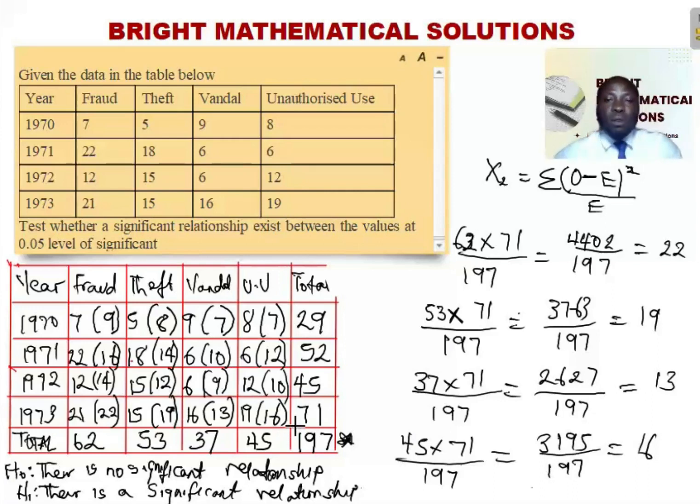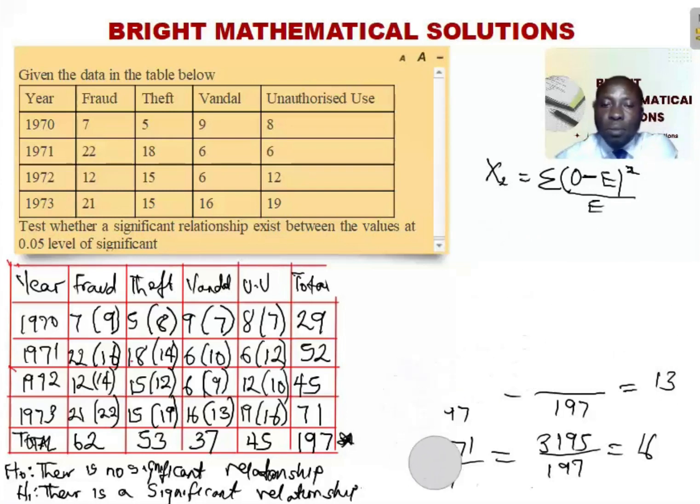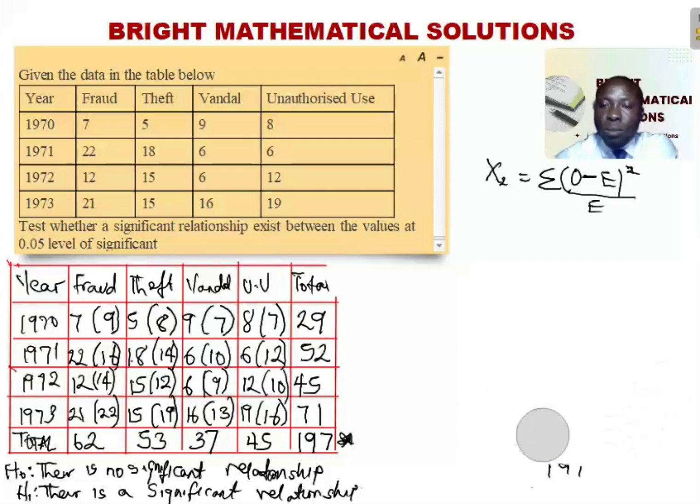So after I've gotten the observed and the expected, the next thing for me is now to calculate the chi-square. So let me rub this so that you can then calculate the chi-square. From the formula that we have, chi-square equals the summation of the observed minus the expected, squared, all over the expected. So let us start from the first one.